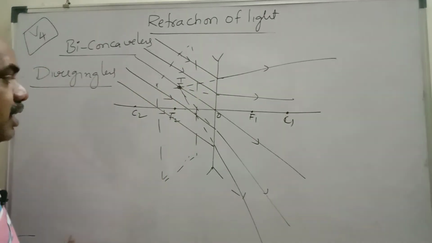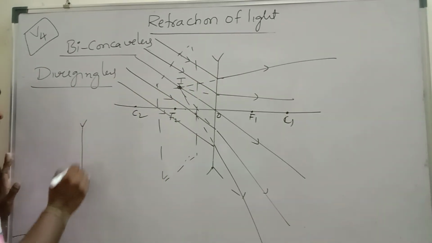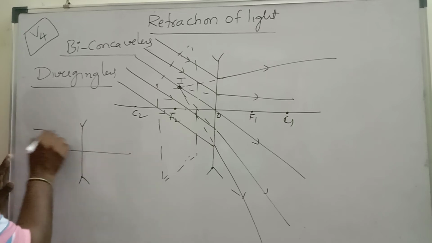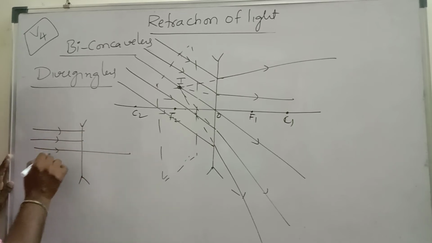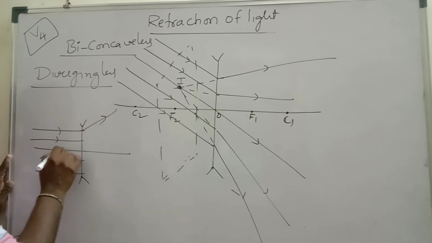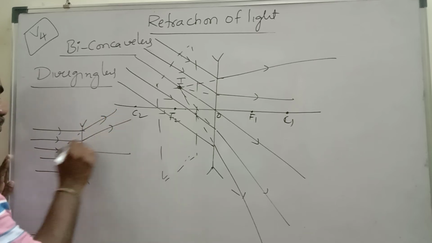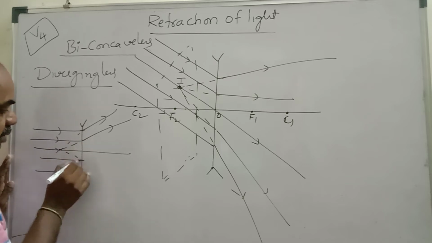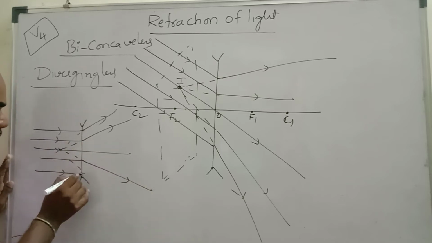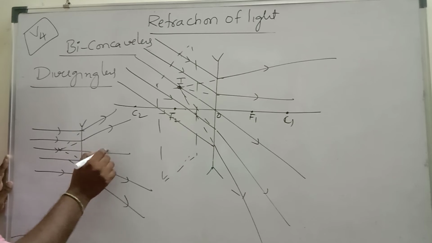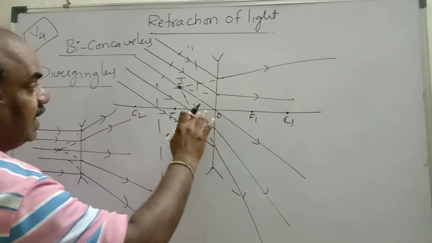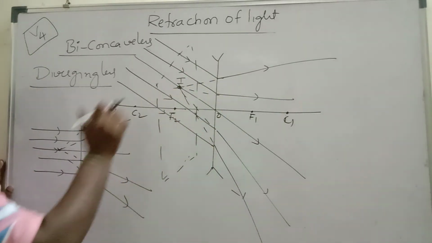Very, very important. Sir, suppose they are parallel to the principal axis, what will happen? All incident rays parallel to the principal axis, after refraction, diverge and seem to meet at the principal focus. If they are parallel but not to the principal axis, after refraction they diverge and seem to meet at the focal plane.